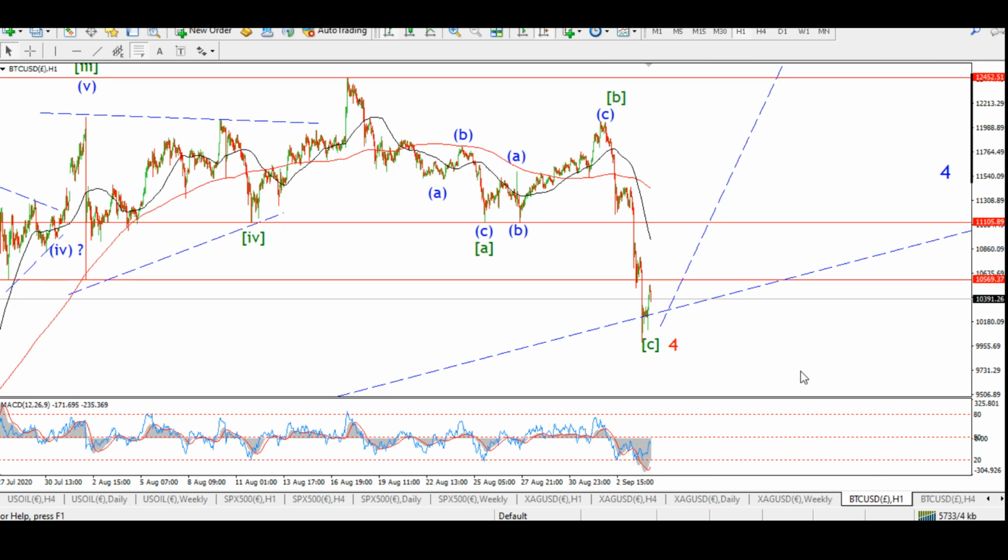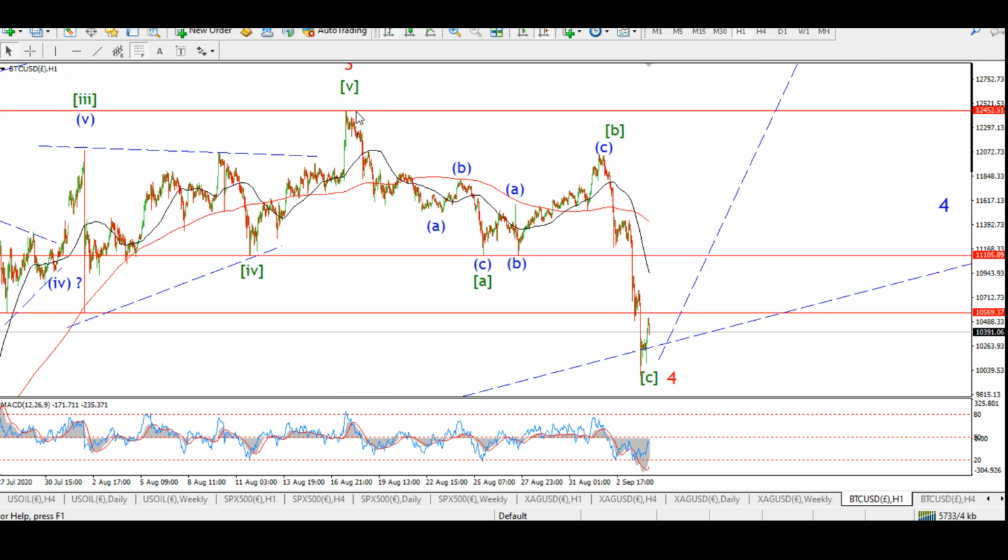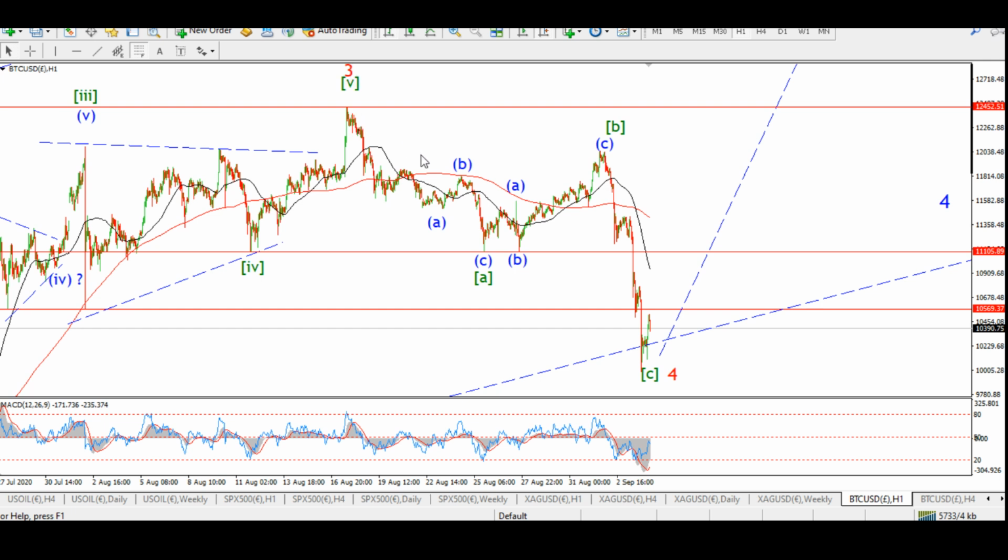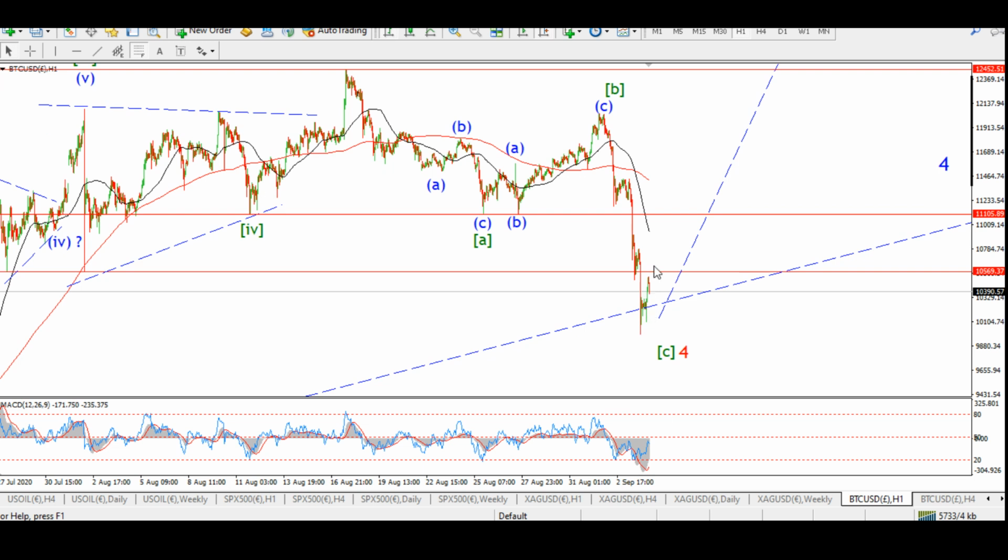Here you can see the wave 3 high, ABC down in A, ABC up in B, and then 1, 2, possibly only wave 3 done here, and maybe wave 4 of C now underway, or wave 4 complete.